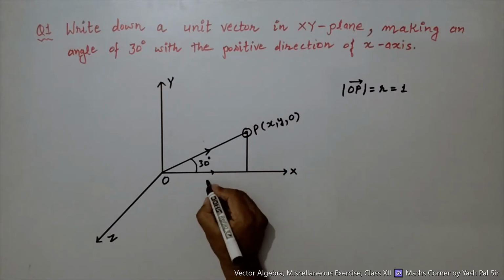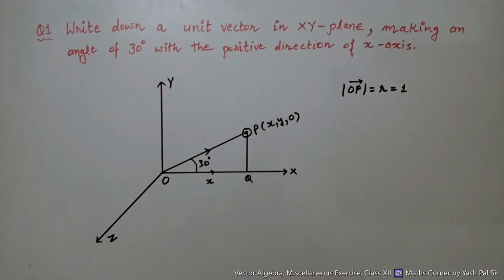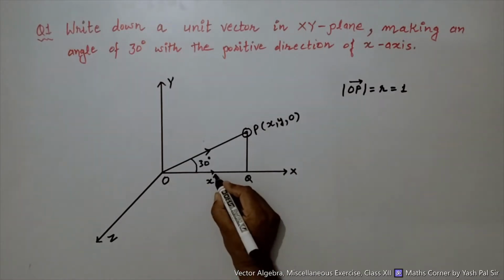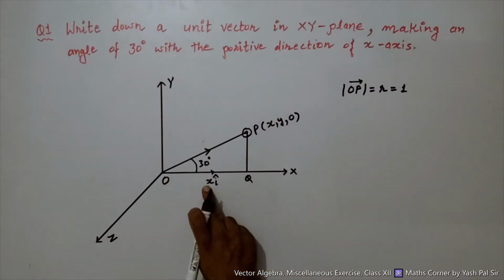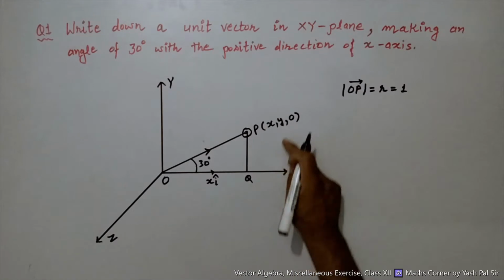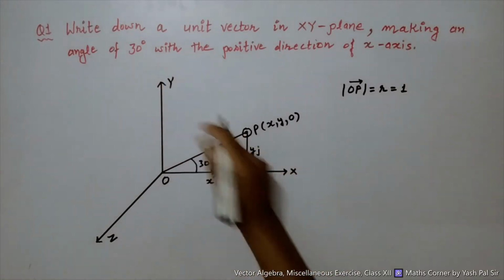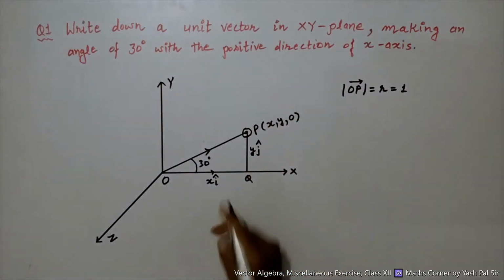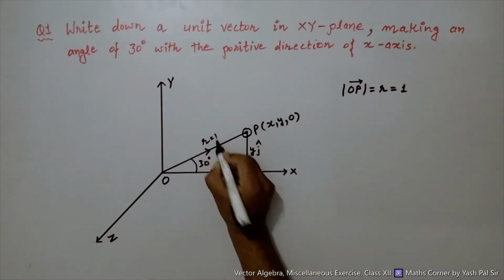So this is x unit distance OP. Suppose this is point Q. OQ is x unit in the direction of x axis, so we say x unit i cap, I cap mean in the direction of x axis, x unit distance. Similarly y unit distance in y axis, so j cap is in the direction of y axis. So here OP r value is 1.